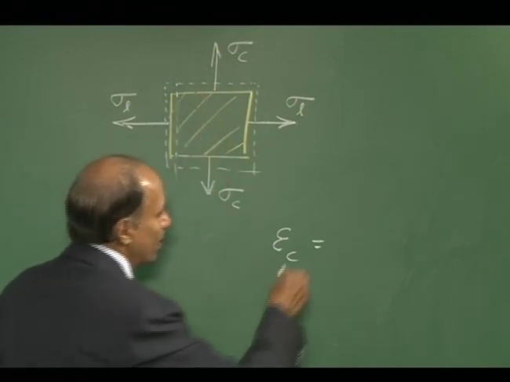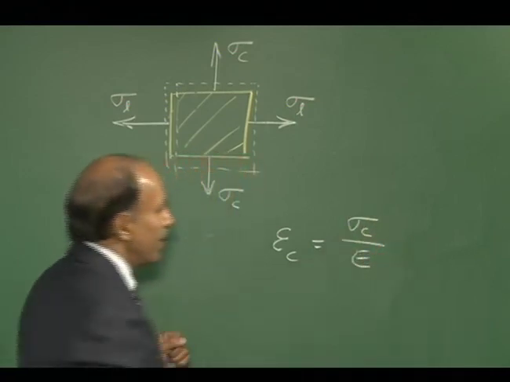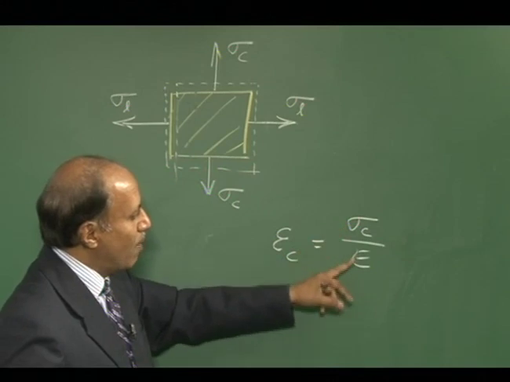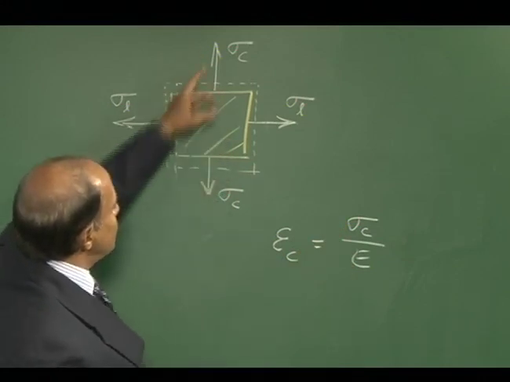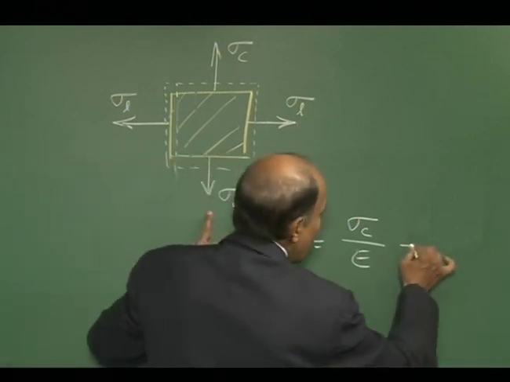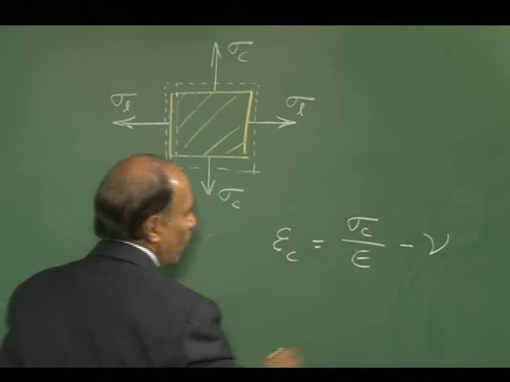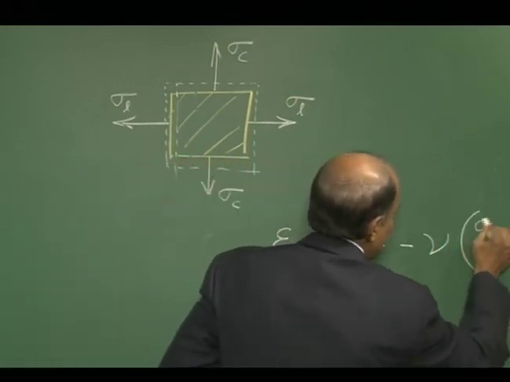So the first one is sigma c by E, that is, stress by Young's modulus, minus the Poisson's ratio times this stress by Young's modulus.